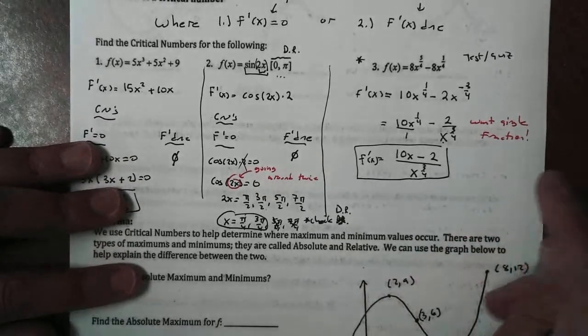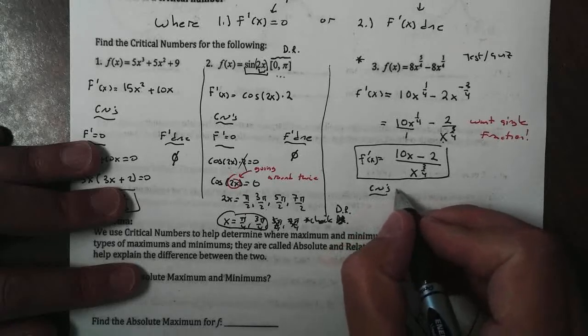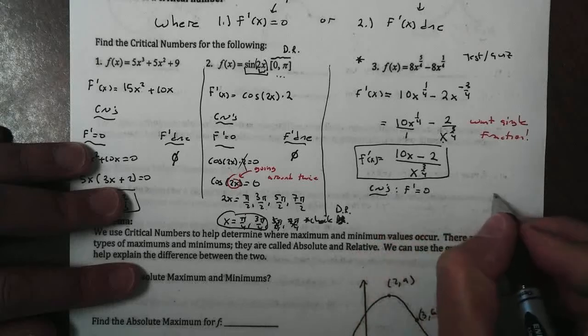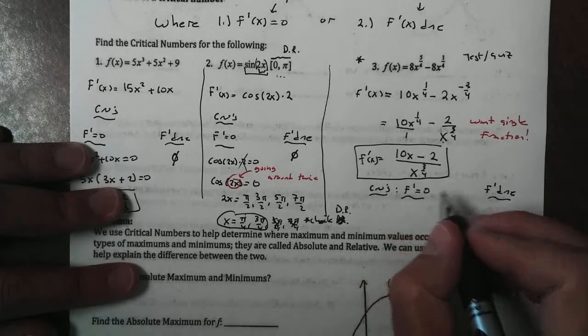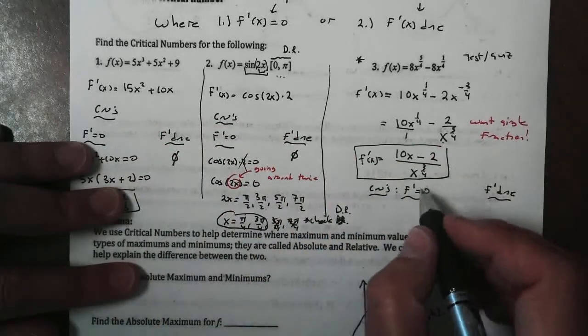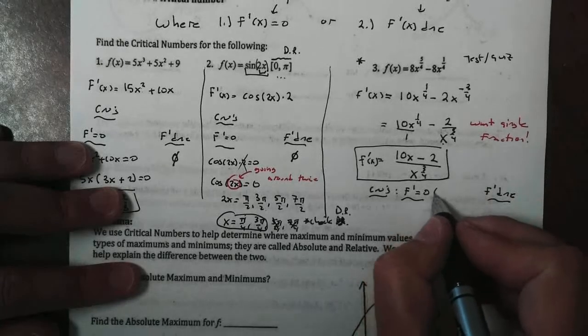Okay, to get the critical numbers, remember we have 2 of them. The first one is, where does the derivative equal 0? And then the second one, where does the derivative not exist? Again, I'm showing all of my work. I haven't changed anything. To find out what's equal to 0, well, we know that's just the top.